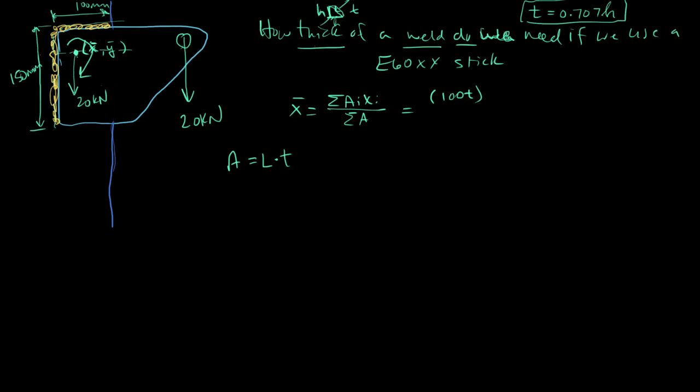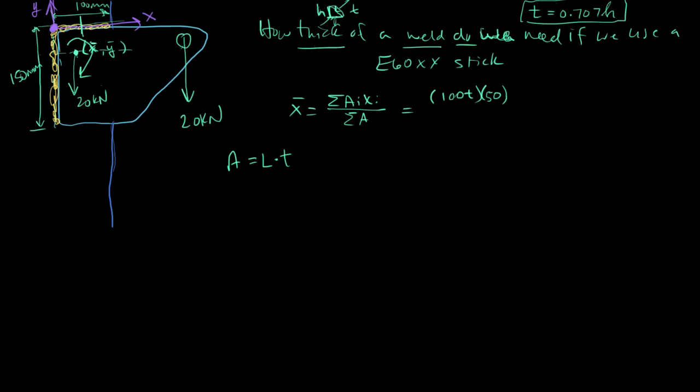So if we say that we're calculating the centroid with respect to a y here and an x here, so the top left corner is y0 and x0, then we're going to calculate the centroid with respect to this position in x and y in this plane. We can just do that by calculating that distance. So the distance in x to that weld group here is just going to be half of that, which is times 50.